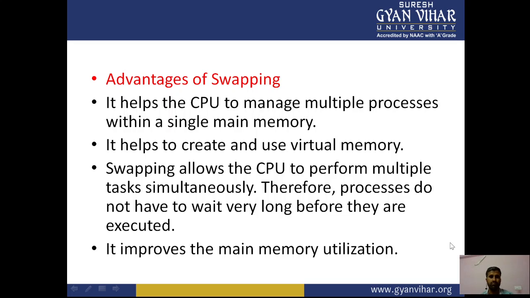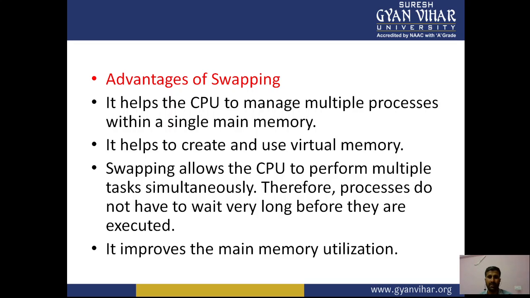Swapping allows the CPU to perform multiple tasks simultaneously. Multiple tasks means that we have opened a lot of applications together and want to execute them at the same time.